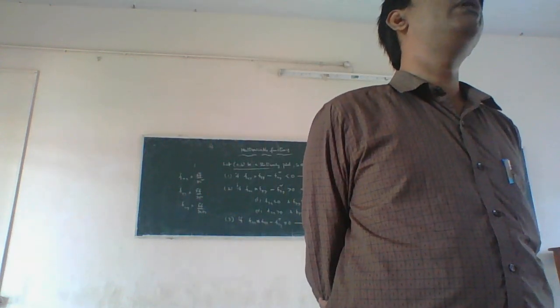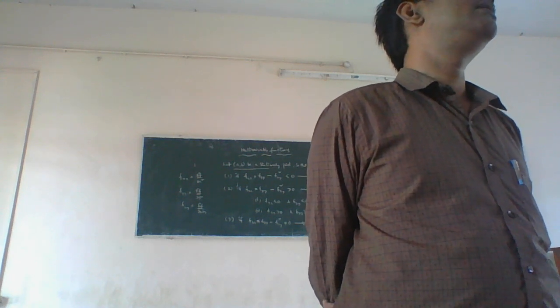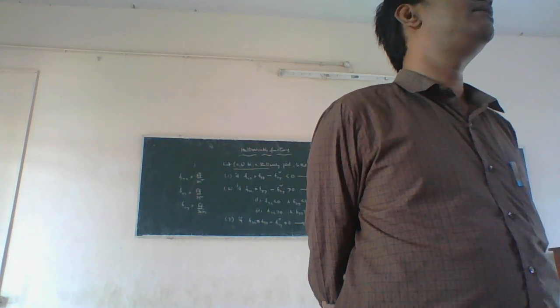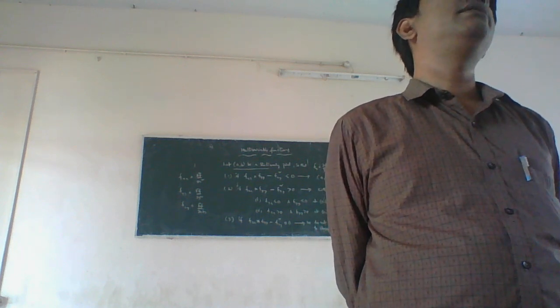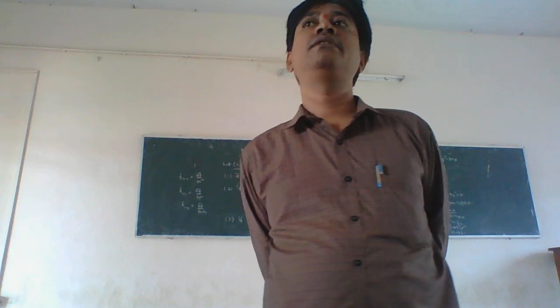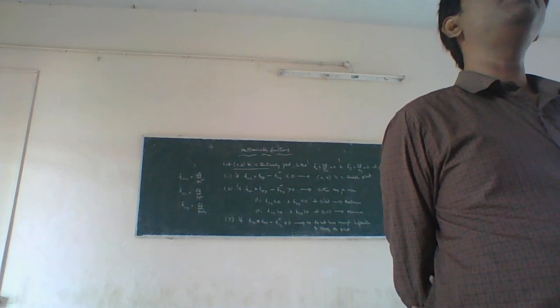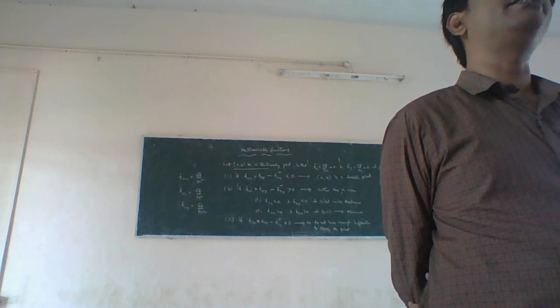For (1, 1). Very good. (1, 1) is a minimum. So (1, 1) is a minimum. (0, 0) is a saddle point.